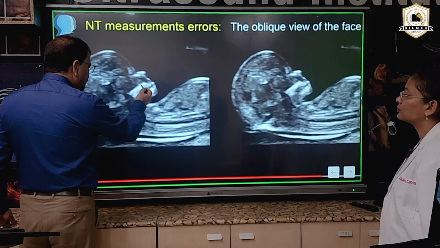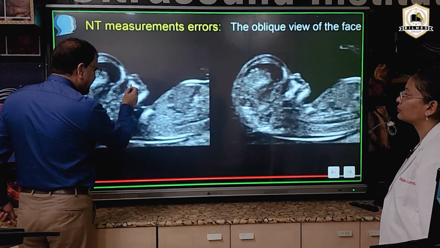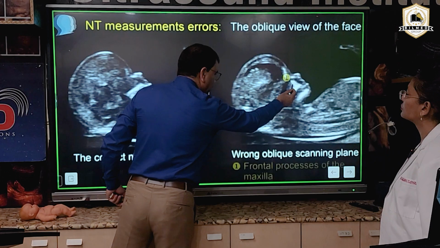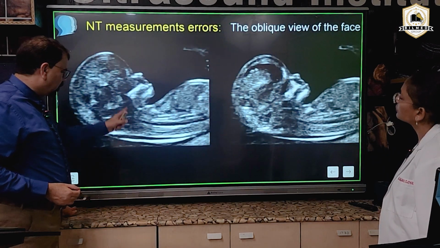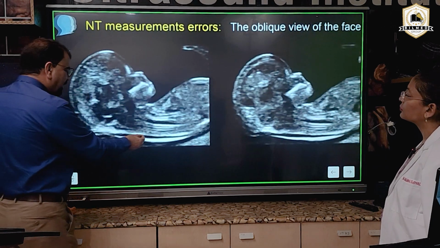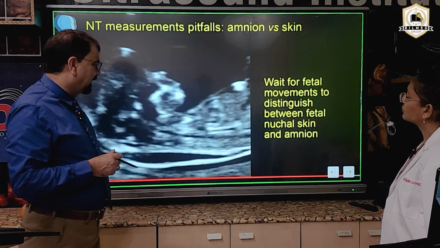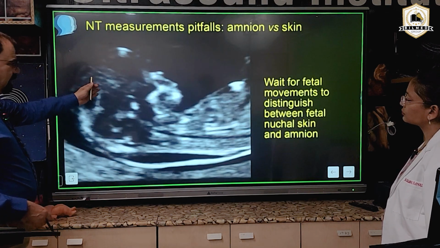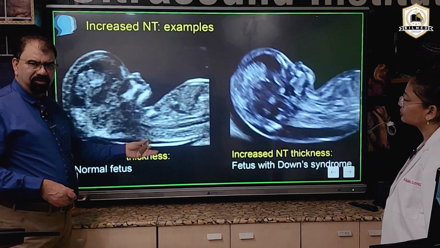Your palate should be a straight line, not like a hockey stick. This is wrong because you are seeing a zygoma, and this is the right plane to take the NT. Whatever NT I take here is right, and the other was not an accurate picture.